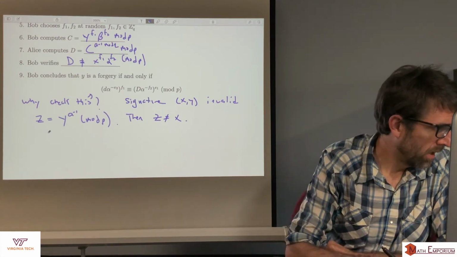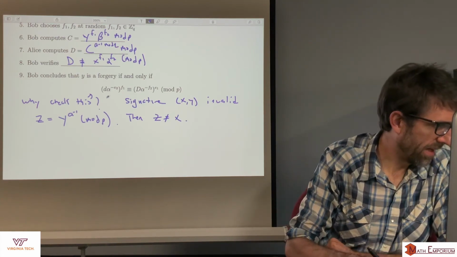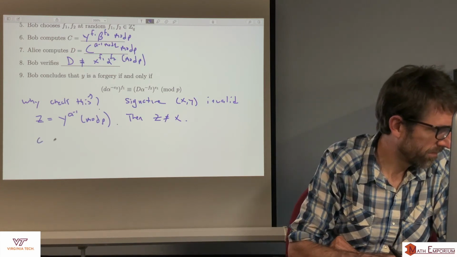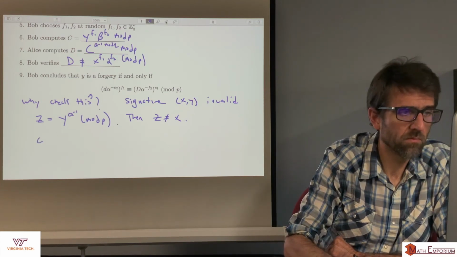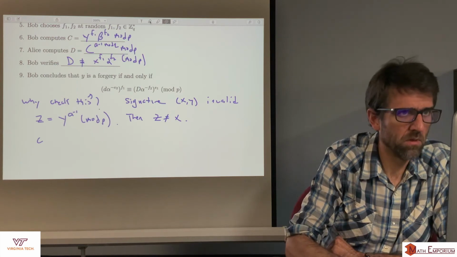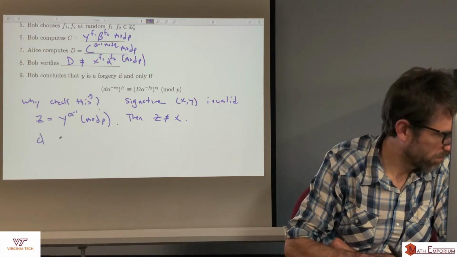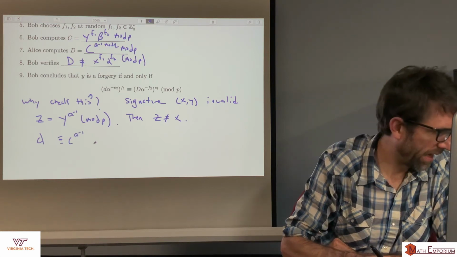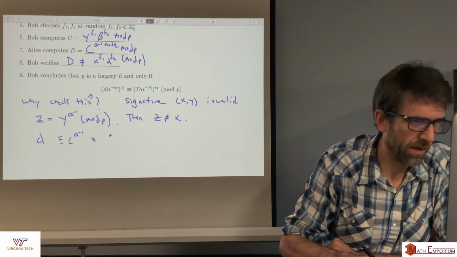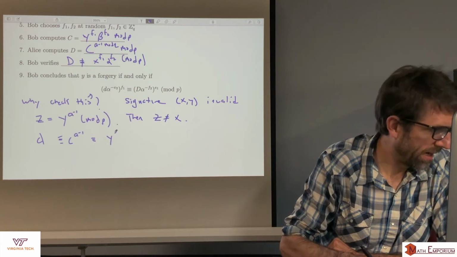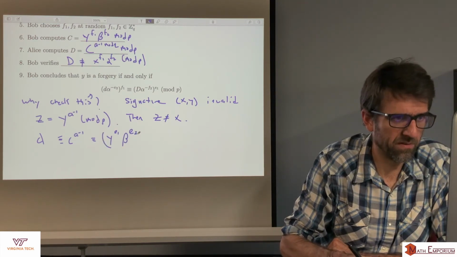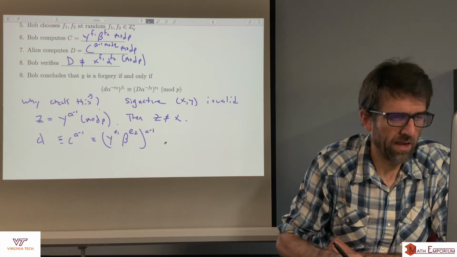Okay, so that's going to tell us that D, which is C to the A inverse, is y to the E1 beta to the E2, to the A inverse.